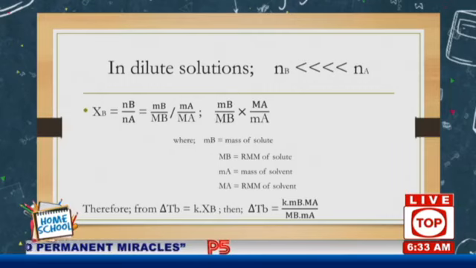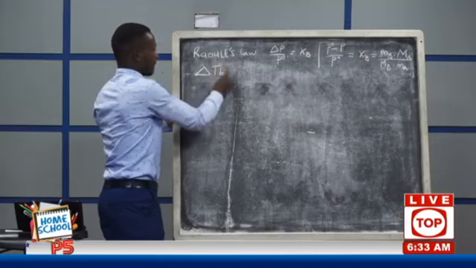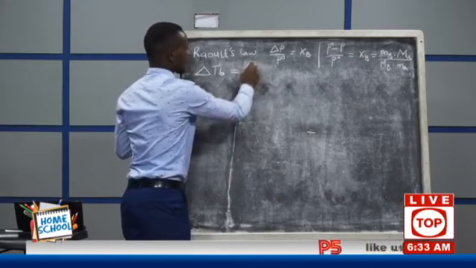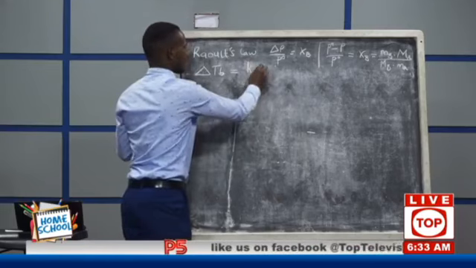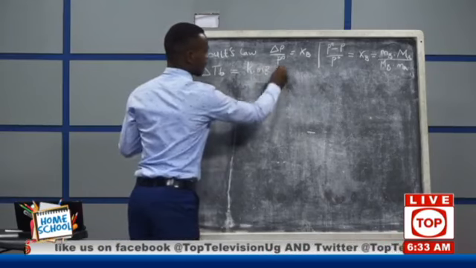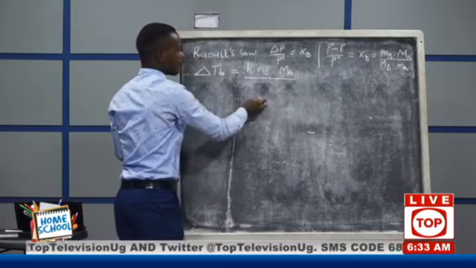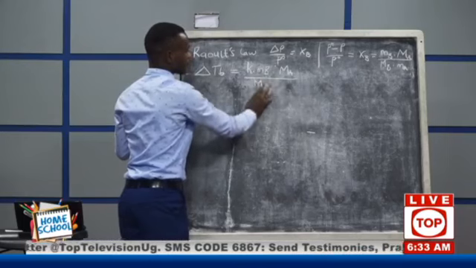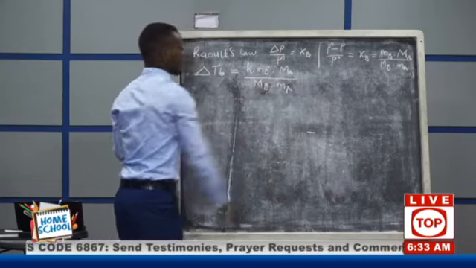We come up with this expression that the boiling point elevation is equal to the proportionality constant times the mass of the solute times the molecular mass of the solvent, divided by the molecular mass of the solute times the mass of the solvent.